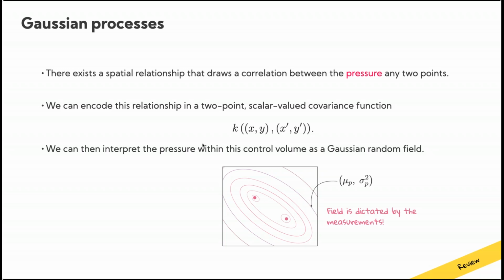And that variance is effectively coming from the fact that all the points in this control volume satisfy a certain covariance structure. And that's the key thing, because that covariance structure is effectively what's building the relationship between the different points, more specifically the pressure between point 1 and point 2.